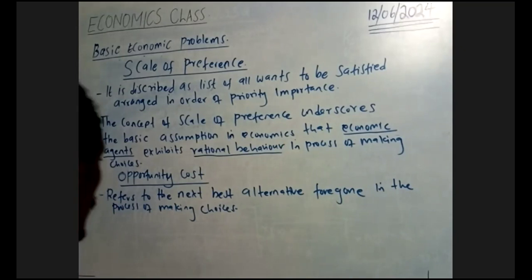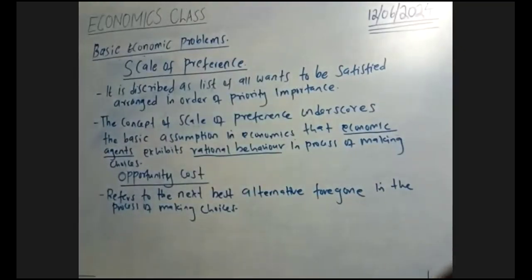So when you forego one item and you choose another item, that is what we call the opportunity cost.